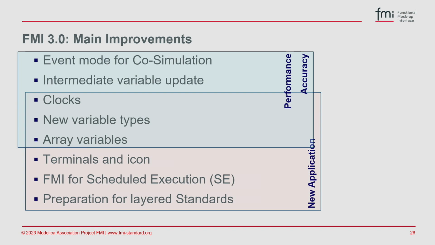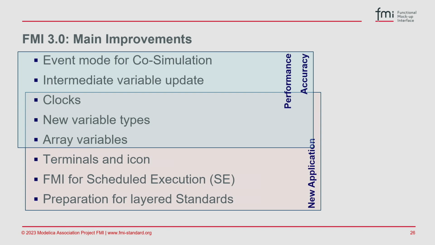We have new variable types that are used, for example, for virtual ECUs. Array variables: in FMI2 we have only scalar variables, and only by a naming convention can you somehow mimic arrays, but it's not efficient. Here we have the array variables. We have a new kind of input and output grouping in the form of terminals, so that it looks like an acausal multi-signal port in Modelica.